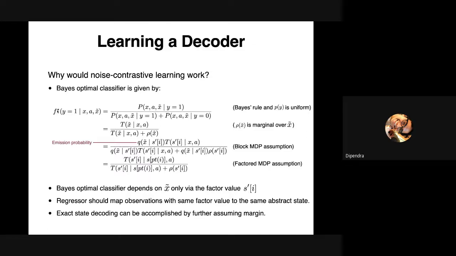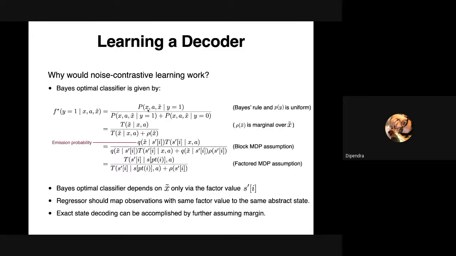We will look at the probability of a transition x, a, x tilde being real, and by Bayes' rule, we can write it in this form. We are also assuming that p(y) is uniform, so the p(y) term would cancel out. And so this is the probability that x, a, x tilde is a real transition, and this is the probability that x, a, x tilde is a fake transition.